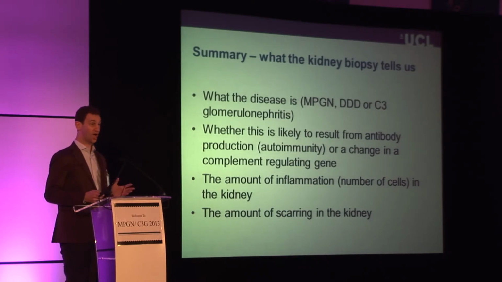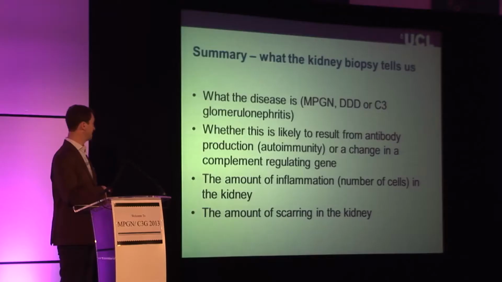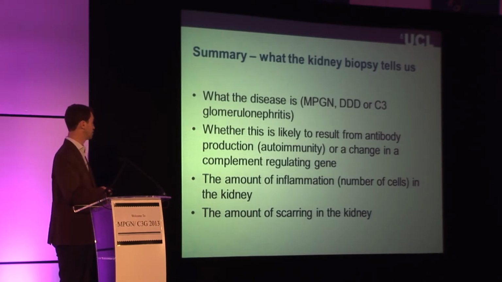So, what I hope I've explained is why we call this MPGN, what MPGN means, and how we make this diagnosis, and how the terms dense deposit disease and C3 glomerulonephritis fit into this disease category. We can tell from the biopsy whether this is likely to result from generalized increased antibody production, or a change in a gene that regulates complement.